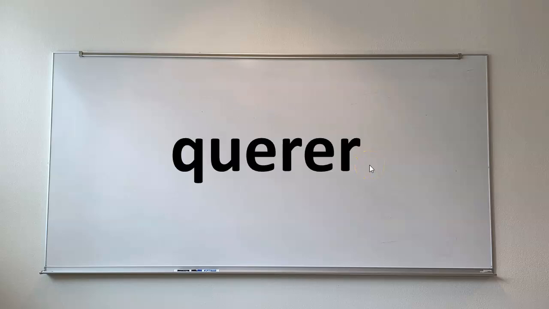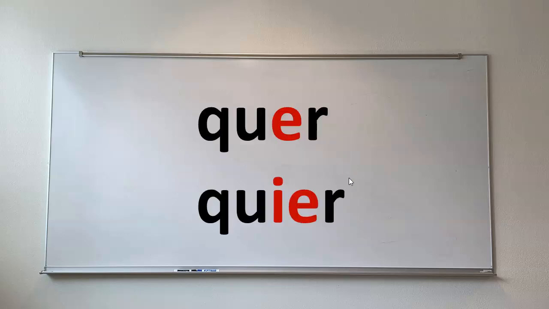So let's take the verb querer. Querer is a stem changing verb. If I want to find the root or the stem, I remove the ER in this case. Remember, infinitives either end in AR, ER, or IR, and that's it. So you always remove the AR, the ER, or the IR to get the root or the stem. So I'm going to remove it, and I have this here, quer.